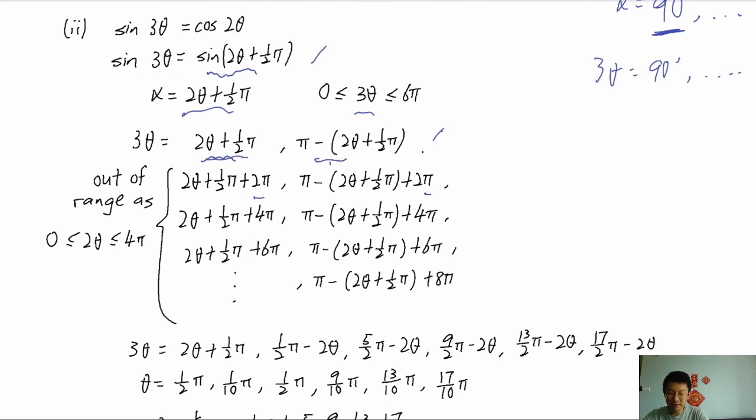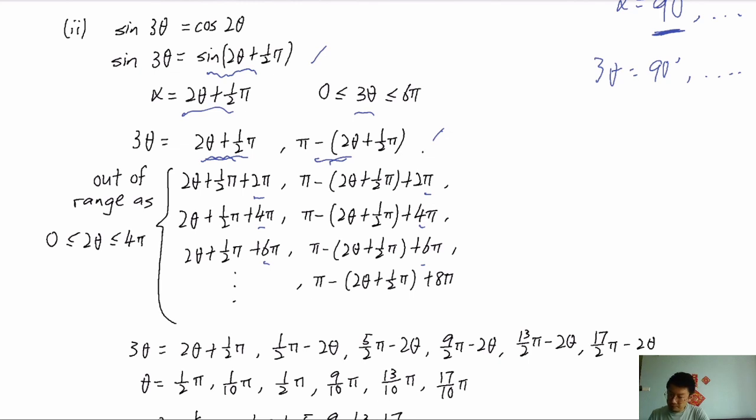These two values are in 0 to 2π, and we have to extend because 3θ goes up until 6π, so we just keep on adding. Don't worry, we keep adding because we want to get as many values as we need, and later on, we just have to cancel off.